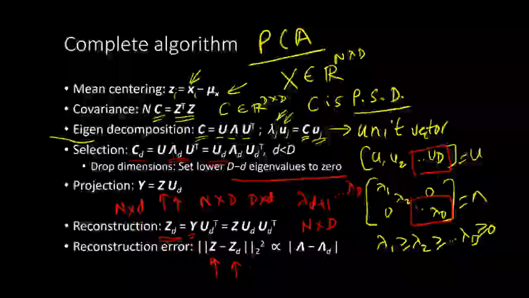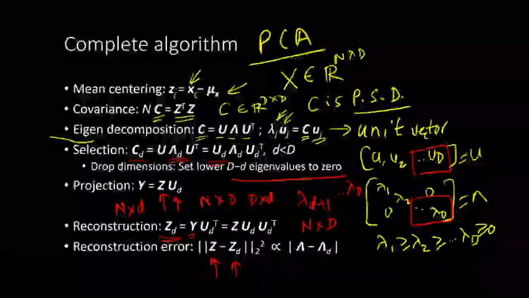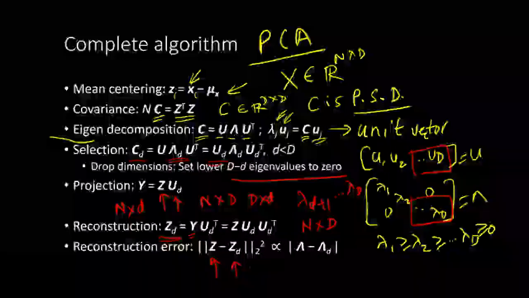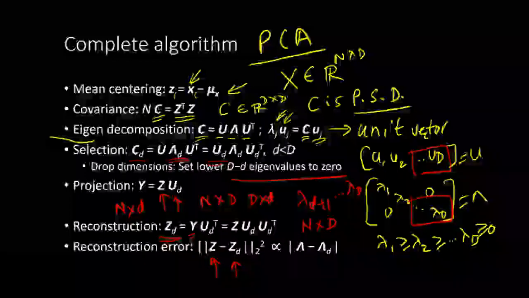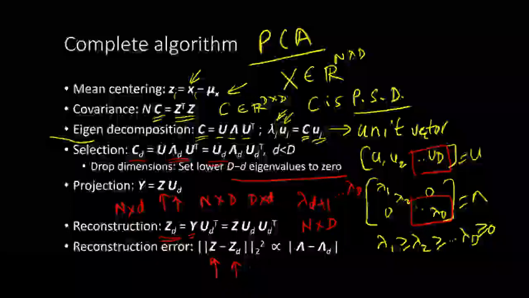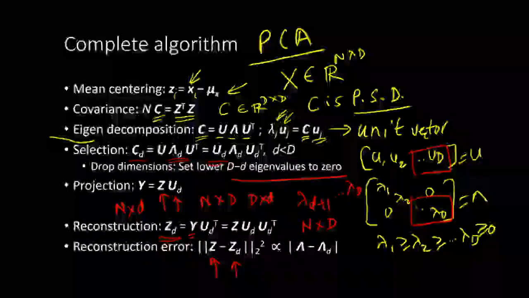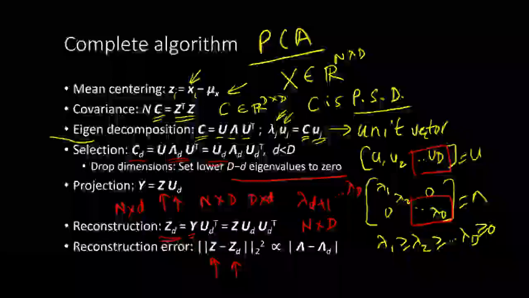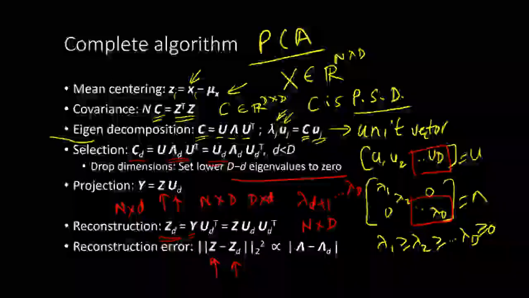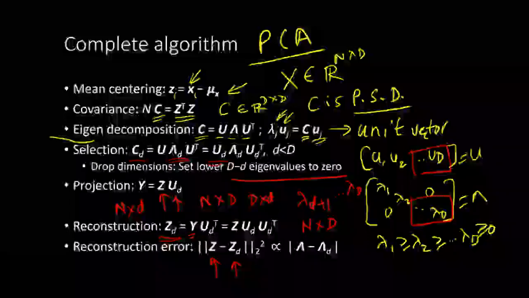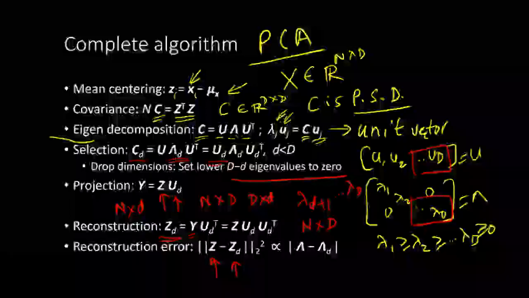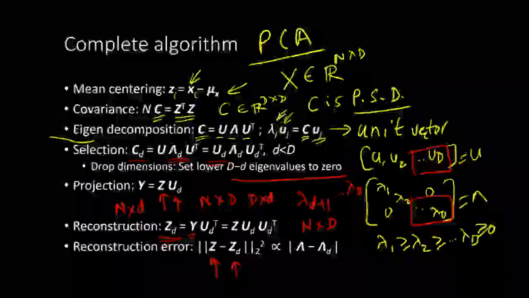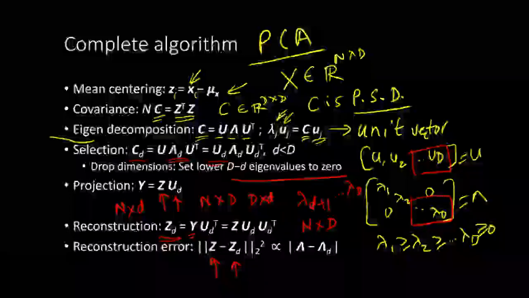So basically, we are only discarding the variance proportional to the discarded eigenvalues. Which is equal to the sum of lambda I, sorry, this will be I is equal to small d plus 1 to capital D. So this is basically what we will not be able to reconstruct. This much variance we will not be able to capture.